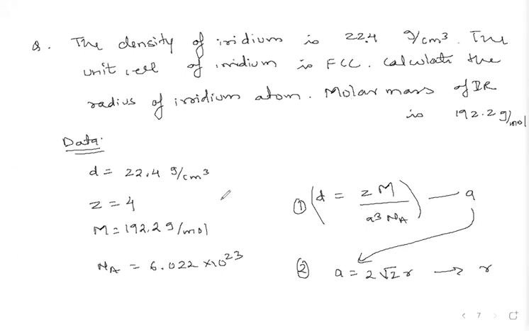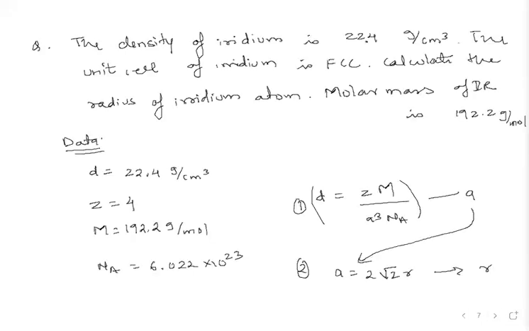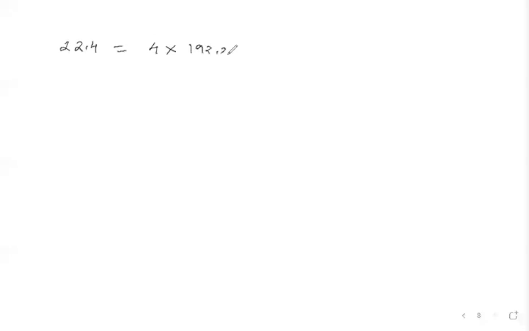तो कैसे करेंगे मैं आपको बताता हूँ. So you have to take density, that is 22.4. Z की वैल्यू 4 है और मोलर मास इज गिवन एज 192.2, करेक्ट? 192.2 divided by A cube into Na, 6.022 into 10 raised to 23. तो आप पहले A cube कैलकुलेट करोगे.